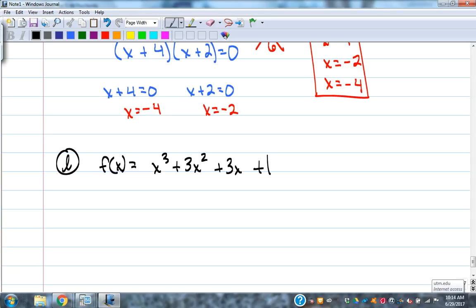And we want to go through the process of our P over Q list, which should be really short on this one, and then find all the zeros for that polynomial. See if you can get that started on this one.